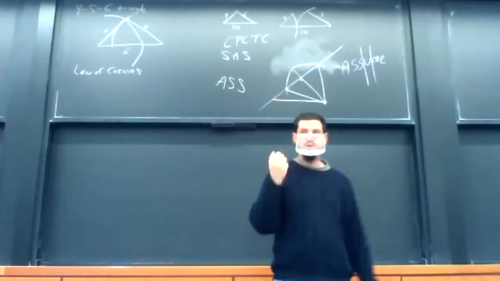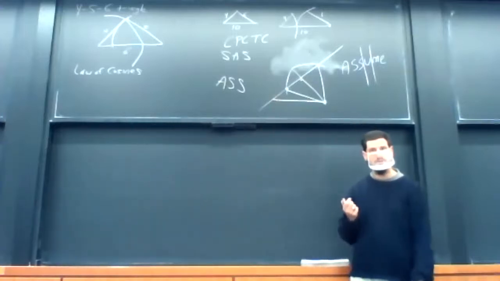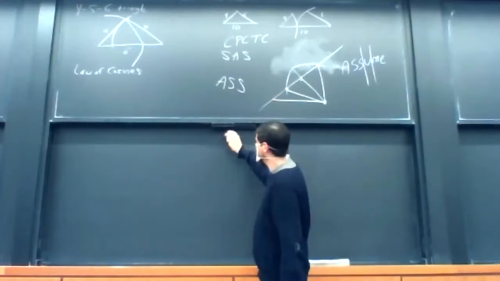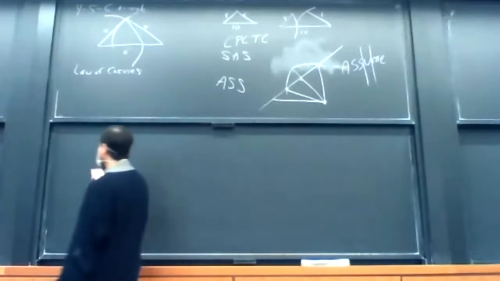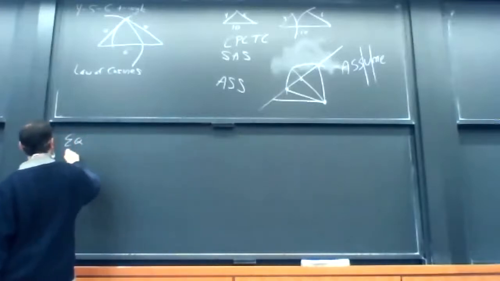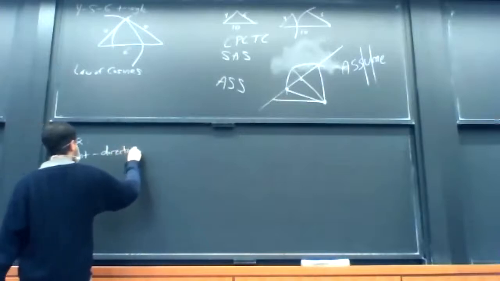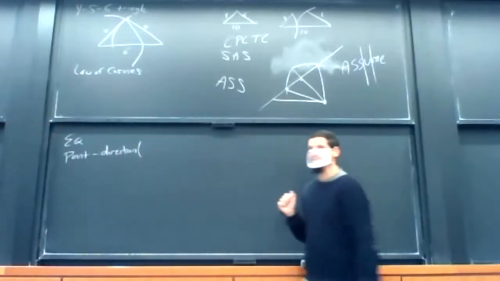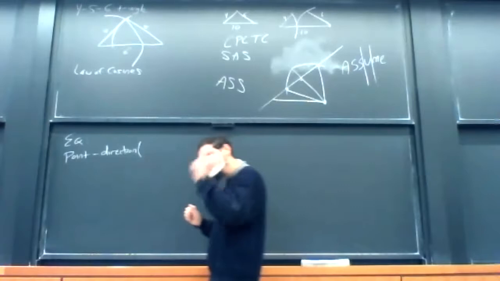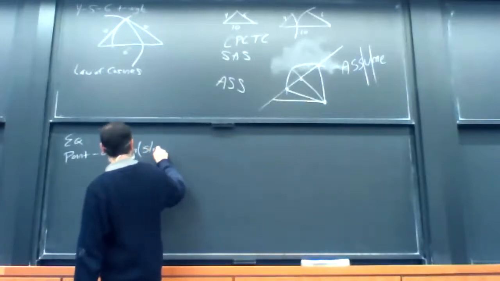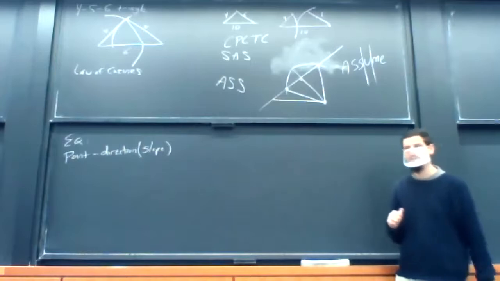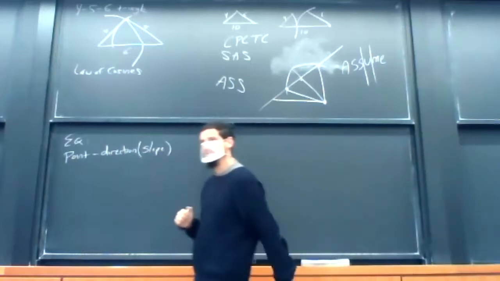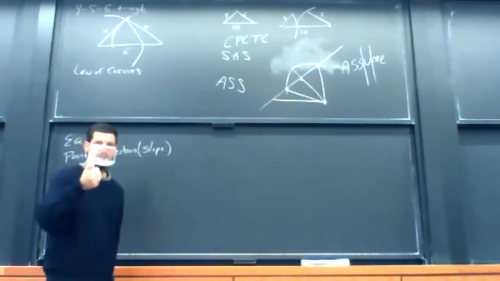Normally, when you think of a line, what do I give you? What information? Okay. So one is point and direction. You normally say slope, but it's better to say direction. So that's one way to do a line, the point direction. What's another way to do a line? 2 points.